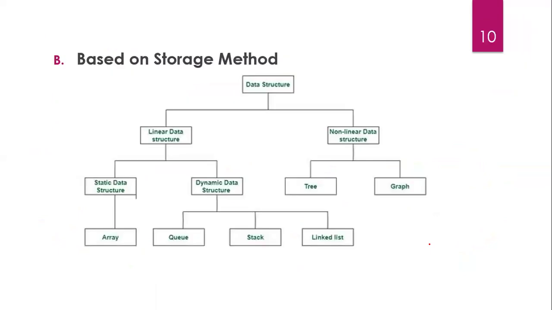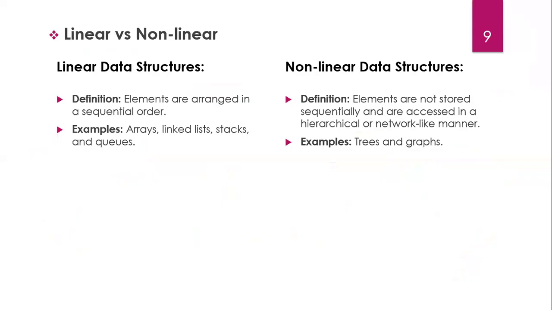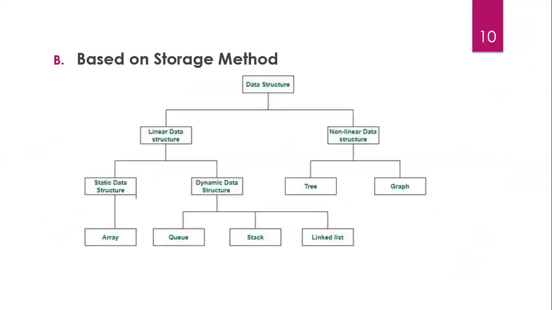Okay, we have classified this as linear and non-linear data structure based on organization. Now we are going to classify this based on the storage method.